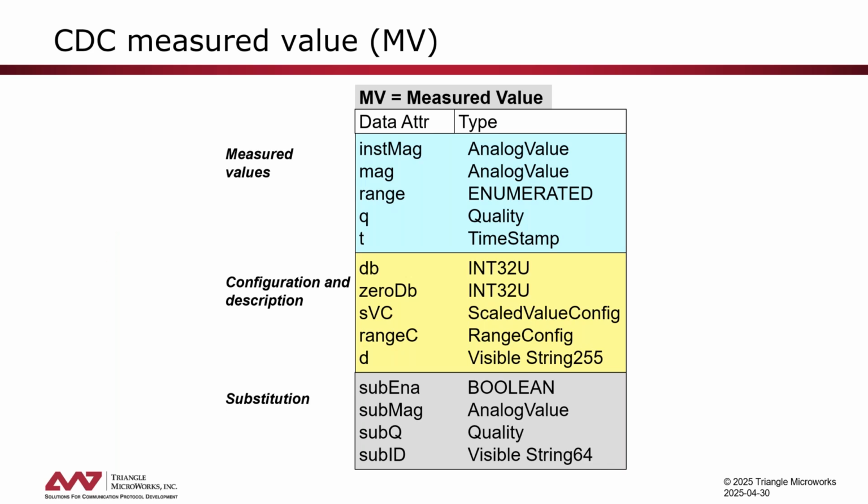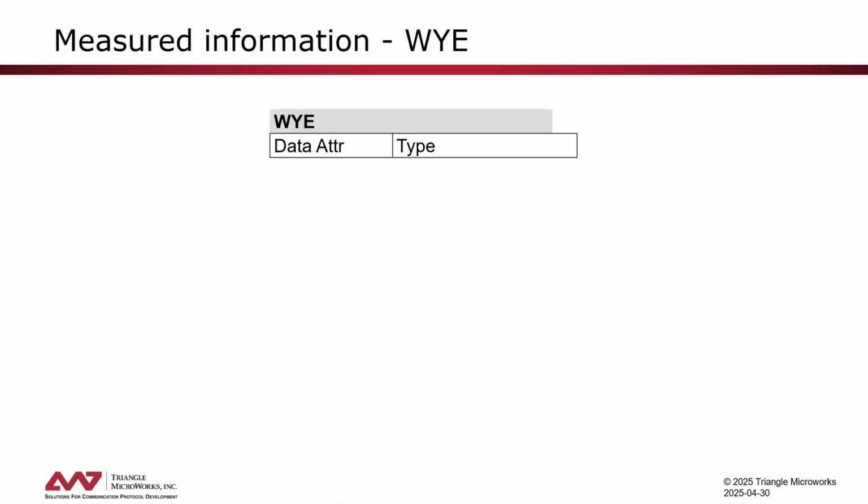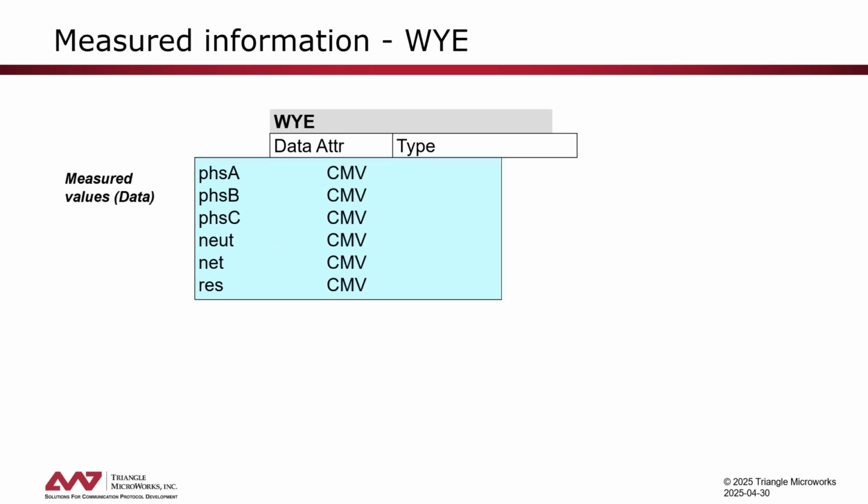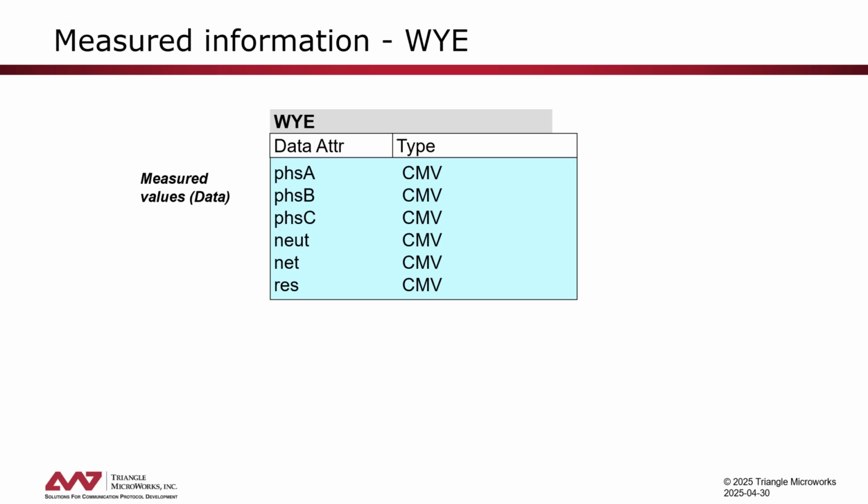When we talk about the three-phase power system, we are typically not using the common data class MV for the three-phase values. For that, we have what we call the common data class WYE, in which we have elements for the different phase values, phase A, B, C, but we can also have neutral, net, and residual values transmitted. Those are all of the type complex measured value.